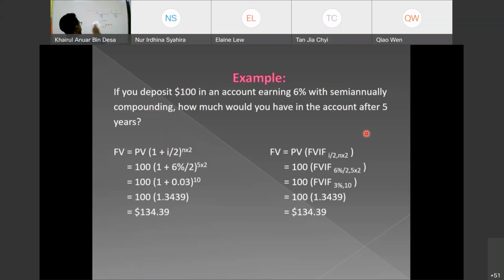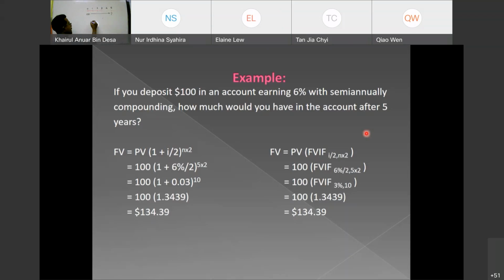Cuba kira dulu. 0, 1, 2, 3, 4, and 5. 5 years. Deposit today 100. What happens after 5 years? What is the amount here?